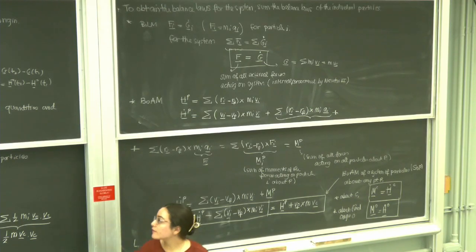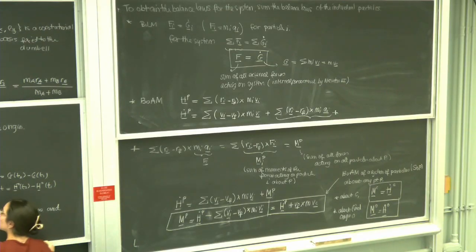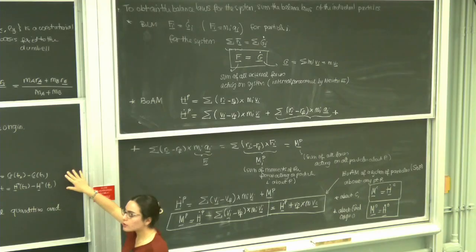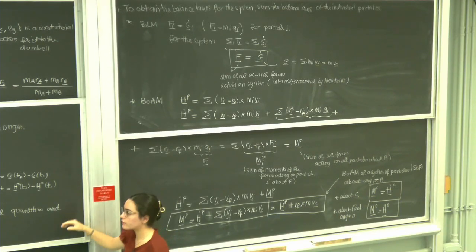Okay, where are we in our master plan so far? We looked at the balance of linear momentum and balance of angular momentum of the system. And then for the integral forms, they're going to be the same. Same exact expressions for integral forms and conservations.